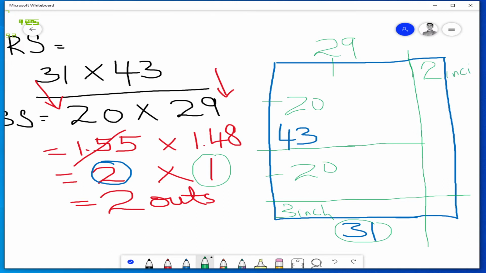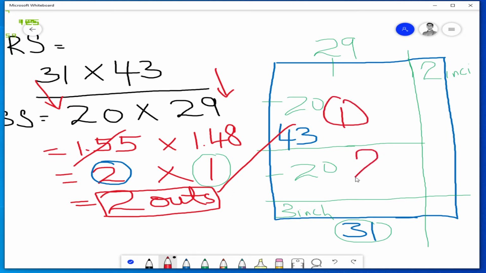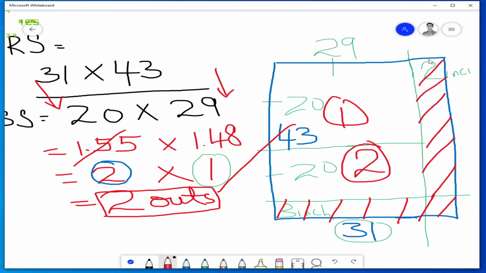Jadi this is what I meant by out. Inilah maksud dia out. Ni 1, 2. So here dia menunjukkan kita bahawa kita ada ni. Kita nak ni je, 1, 2 ni.